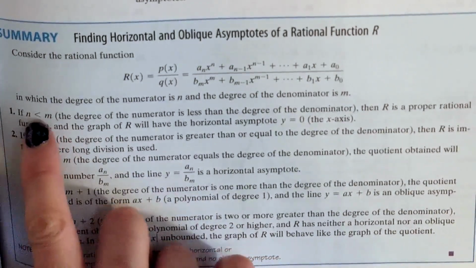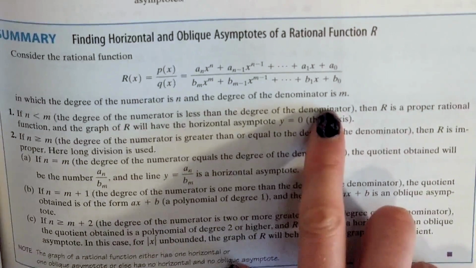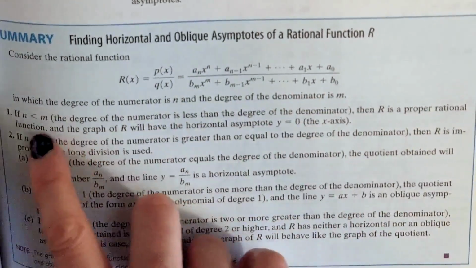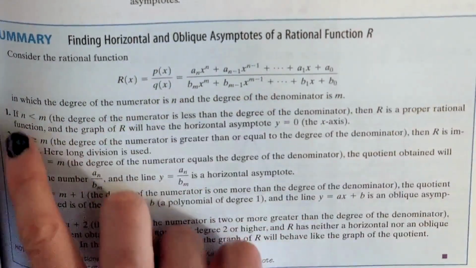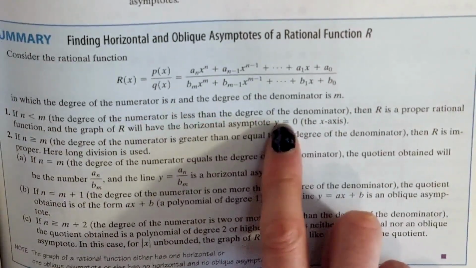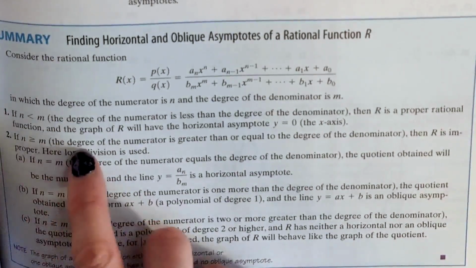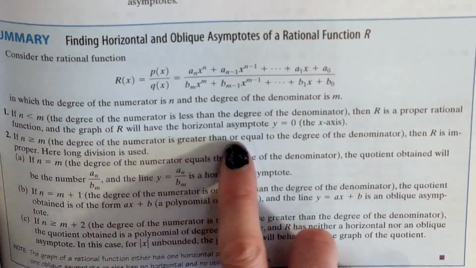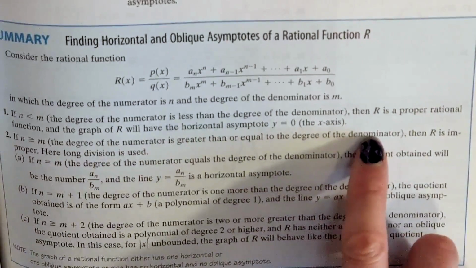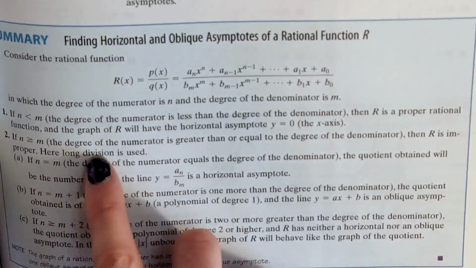So if n is less than m, the degree of the numerator is less than the degree of the denominator, you will have what they call a proper rational function. It just means it's horizontal at y equals 0. Okay? If n is greater than or equal to m, so the degree of the numerator is greater or equal to the degree of the denominator, then r is proper and long division is used.